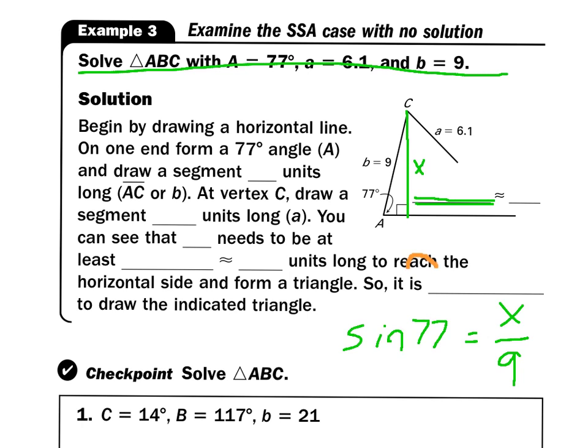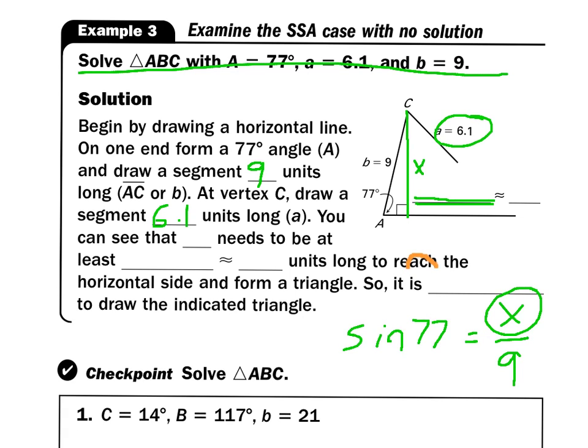So we know AC is 9 units long. And if we draw a segment that's 6.1 units long, the a over here, the question is, would that work for x? Is that big enough for x?